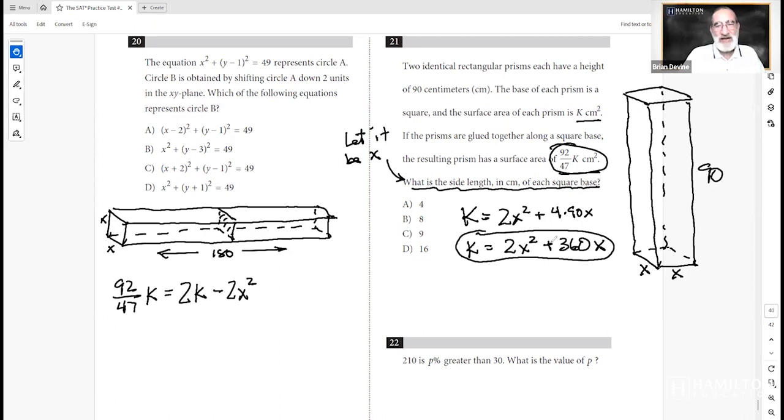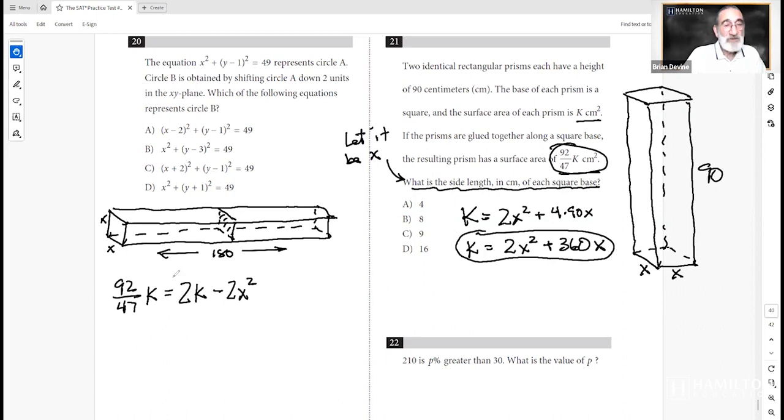And I know what K is already. K is 2x squared plus 360x. So I can plug that in.